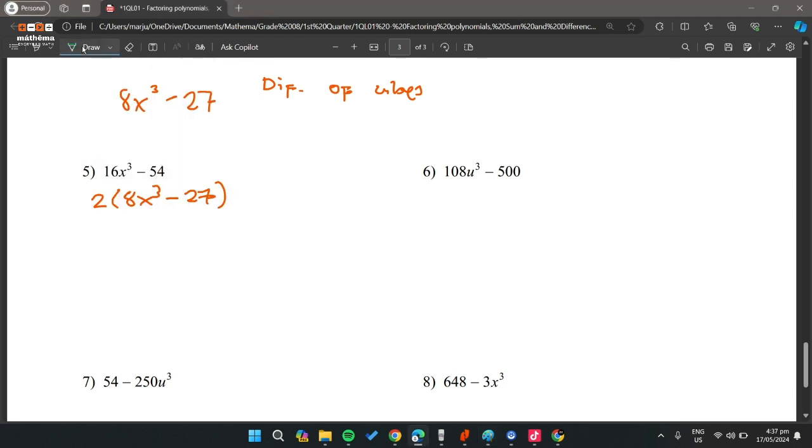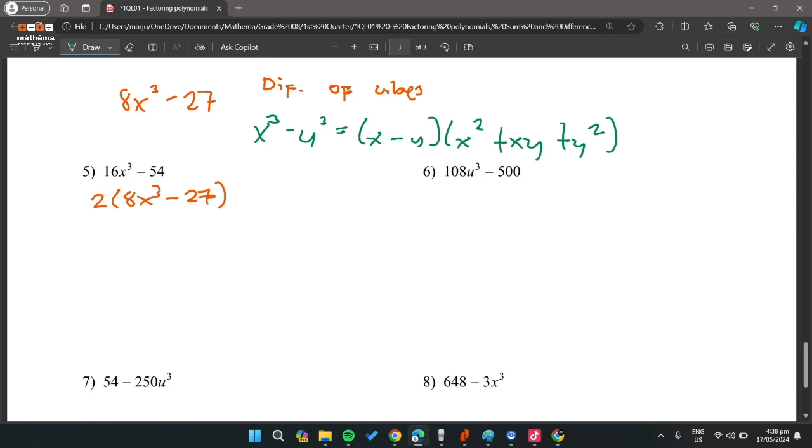If you have x cubed minus y cubed, this is just equal to x minus y times x squared plus xy plus y squared. That will be the factors of x cubed minus y cubed.